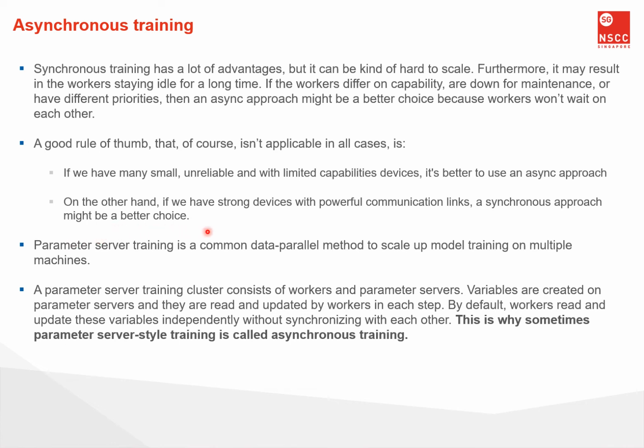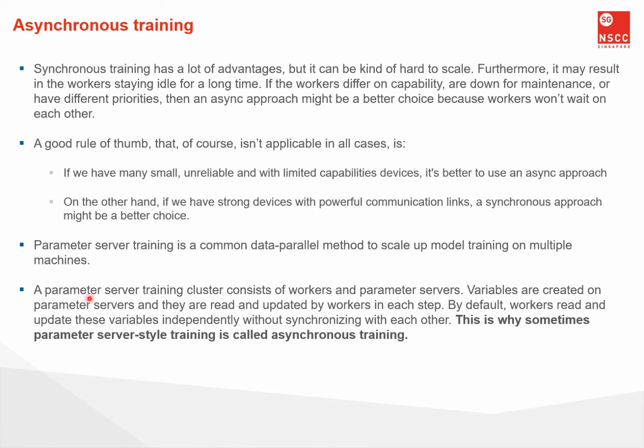Parameter server training is common in the data parallel method to scale up model training on multiple machines. If you remember, the parameter server gathers the gradients from multiple machines, combines them together, and then broadcasts to each of the individual machines at the end of the step. A parameter server training cluster consists of workers and parameter servers.